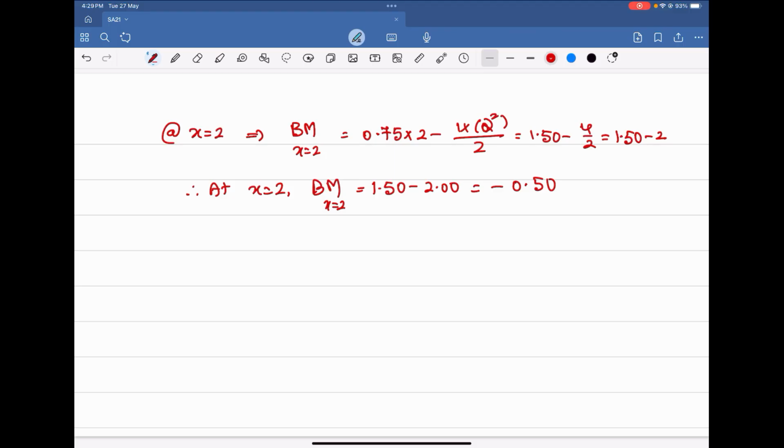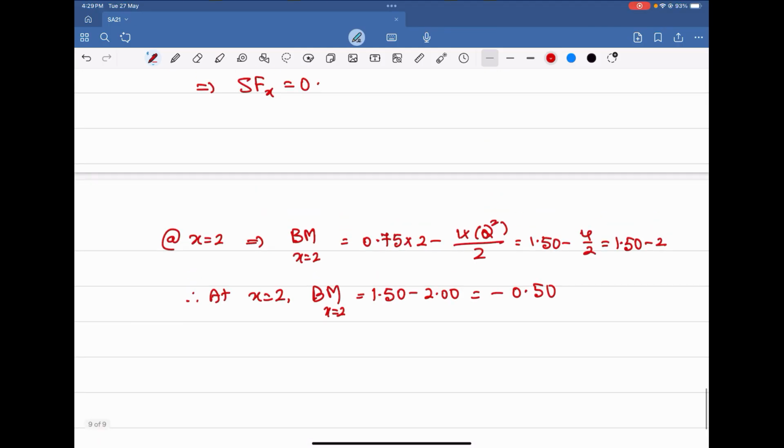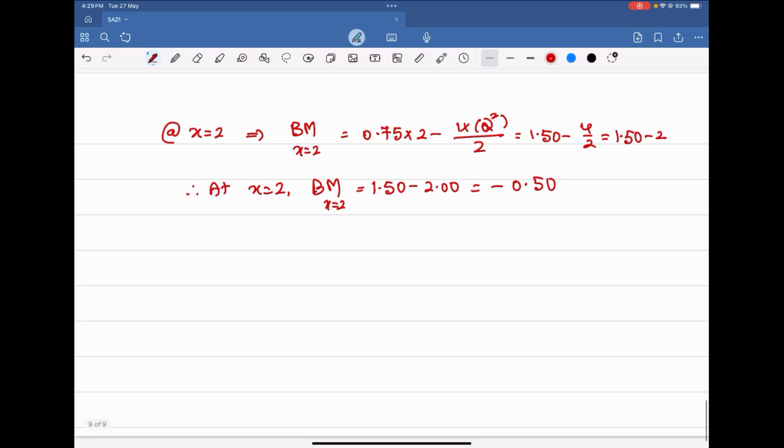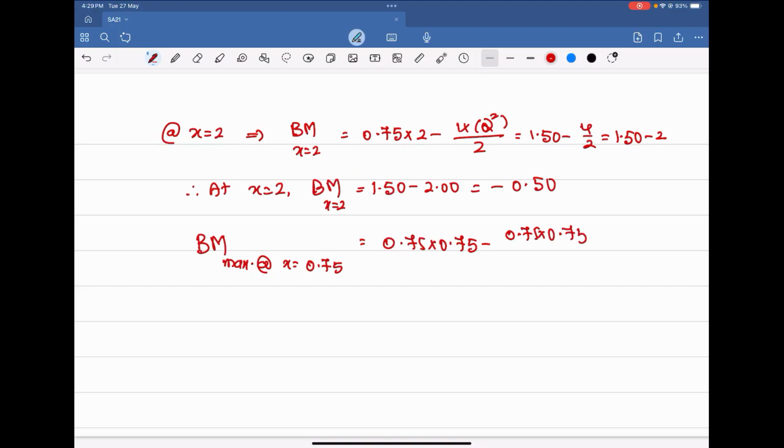We have found the value of x at which bending moment is maximum, but we have not found the maximum bending moment. Bending moment maximum at x is equal to 0.75 is equal to 0.75 into 0.75 minus 0.75 into 0.75 by 2. This value will be how much? Please calculate.